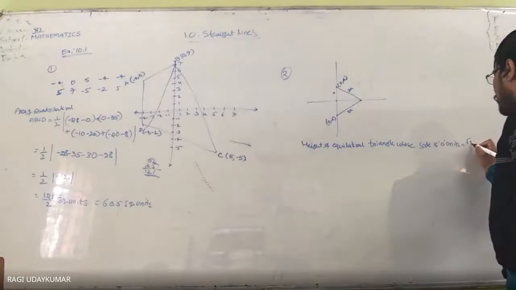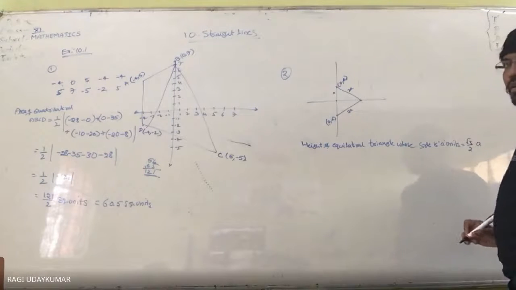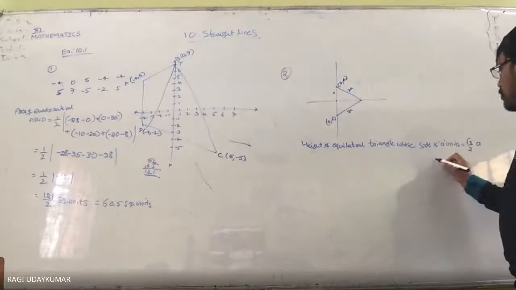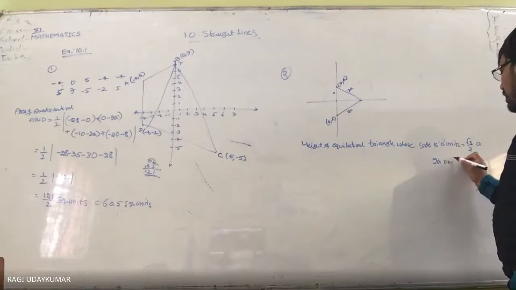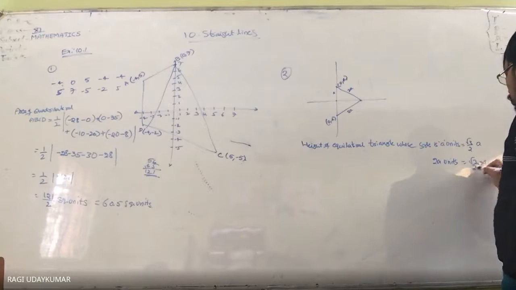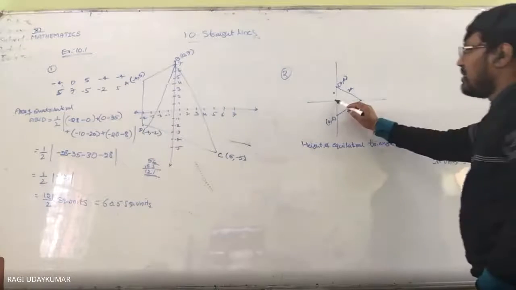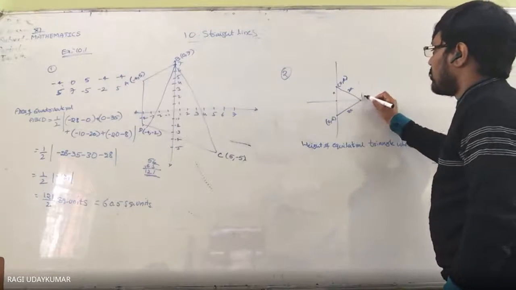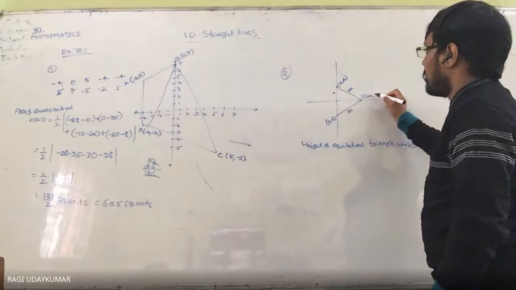Sir, root 3 by 2a. If it is A units, root 3 by 2 A. But here the side is 2A units. So it is root 3 by 2 of 2A. So 2 will get cancelled. Root 3A. So here to here distance is root 3A. So this is root 3A comma 0.